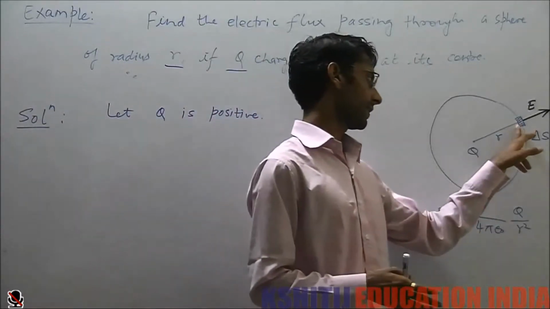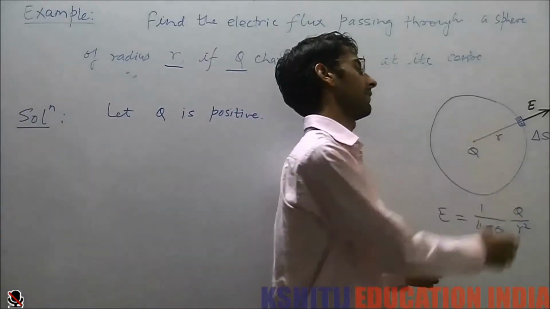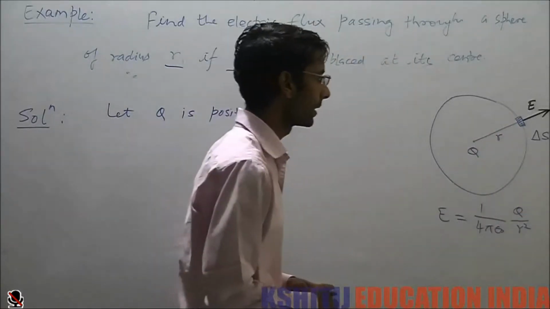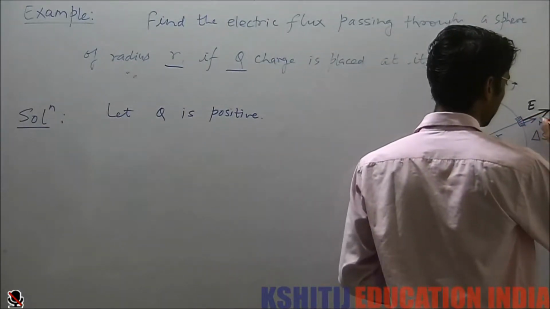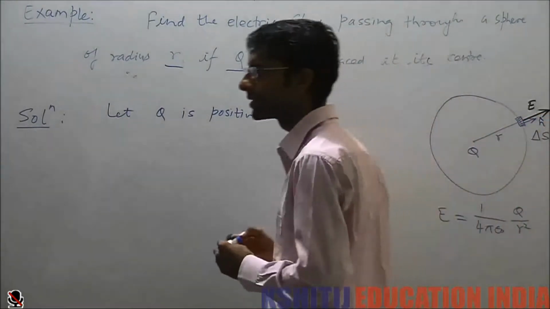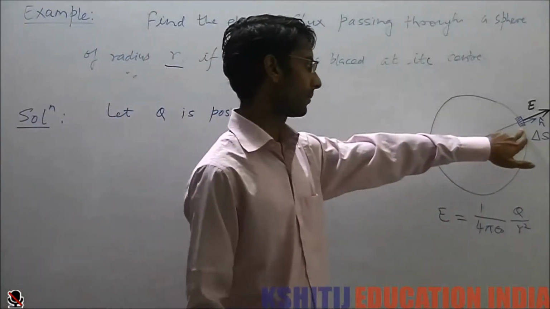Wherever we measure this, the direction of the surface area vector is going to be outward. That means this outward direction will be the direction of its positive normal. This is what is happening at a particular point.